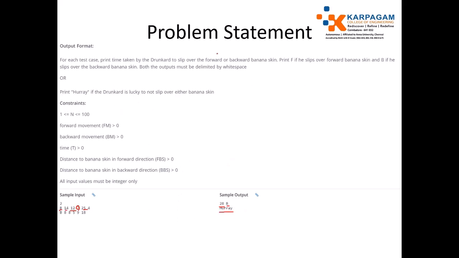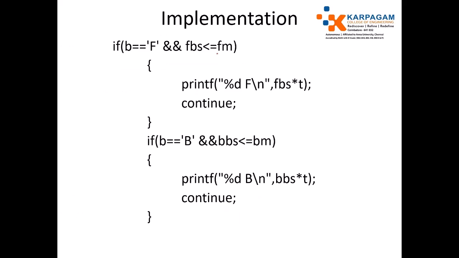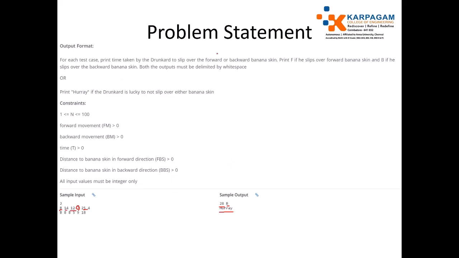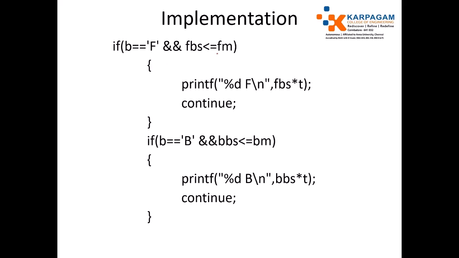So if the distance to the banana skin in the forward direction is less than FM, the magnitude of forward movement, then just multiply the time taken to cover 1 meter with the FBS, and print the data. After printing the data, you have to mention the direction also.